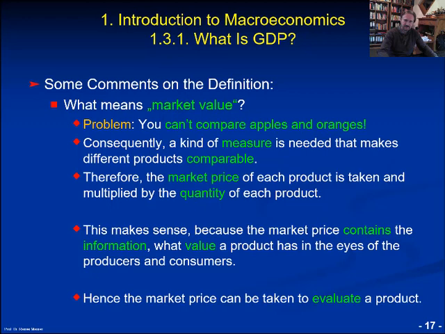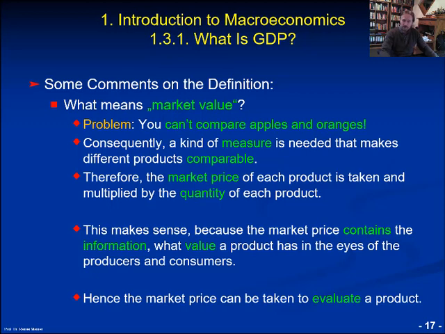That's an aggregate that does not make much sense, and the same applies, let's say, to cars and refrigerators. 1,700 cars and refrigerators is not an aggregate that makes much sense. Consequently, we need a measure that makes different kinds of products comparable.